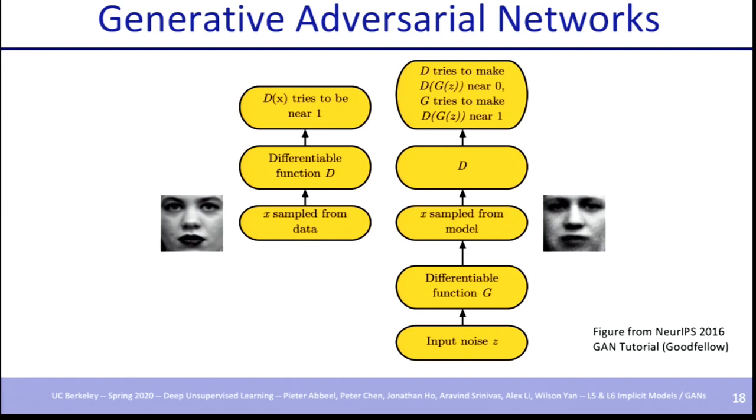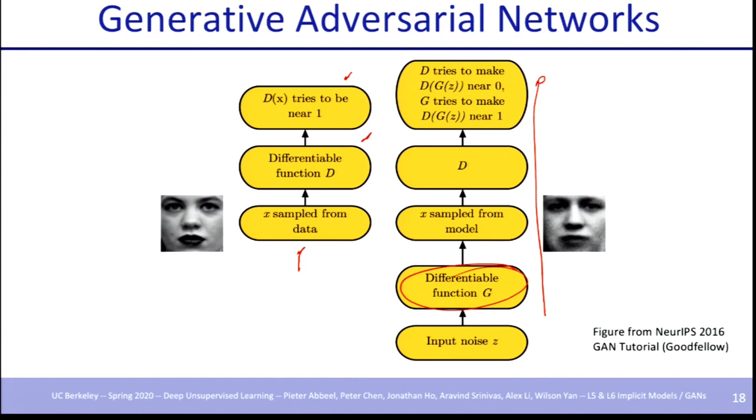You have X coming from your data, goes through D, and D tries to assign a probability of 1 of it being real. So that's a supervised learning problem right there. At the same time, there's another supervised learning problem here for D to assign essentially probabilities as close as possible to 0 of the artificially generated samples being real. And then in here, there is a generator.